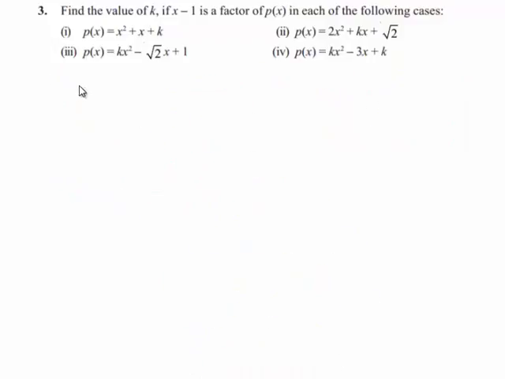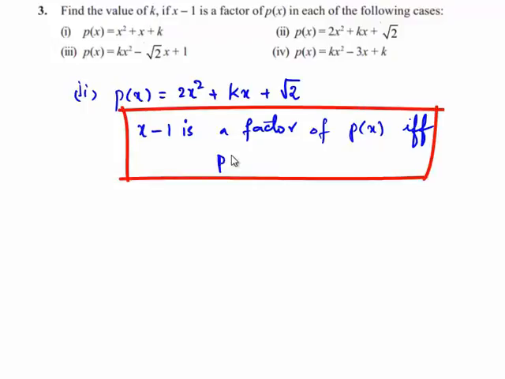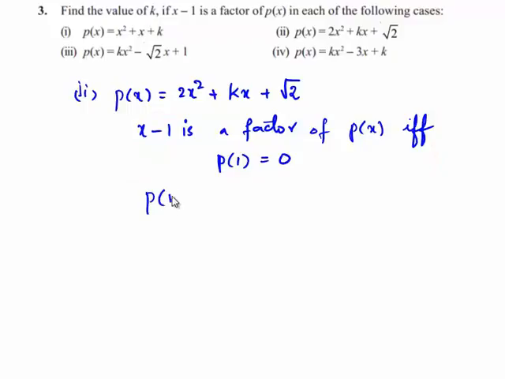So coming to the second one, which is p of x is equal to 2x square plus kx plus root 2. So x minus 1 is a factor of p of x if and only if p of 1 is equal to 0. So p of 1 is equal to 2 times 1 square plus k times 1 plus root 2.